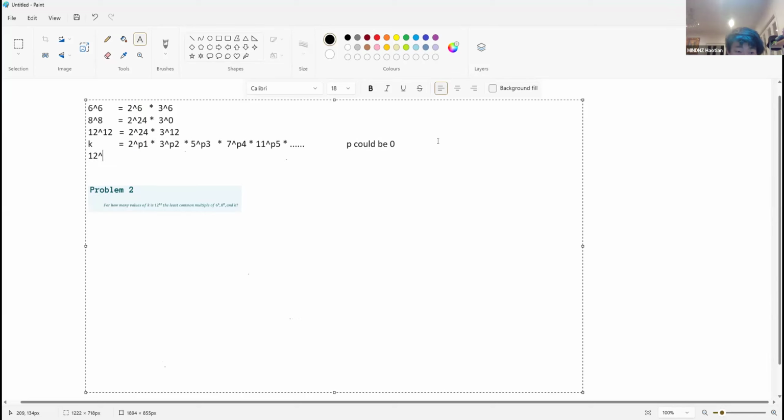So 12 to the 12 should be 2 to the power of the biggest of those numbers times 3 to the power of the biggest of those numbers. And for the remaining primes, it will just be 5 to the p3 times 7 to the p4 times 11 to the p5 and so on. As you can see, in the prime factorization of 12 to the 12, there are no 5s, 7s, 11s, and so on. So immediately these are 0.